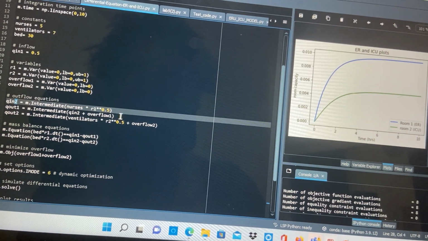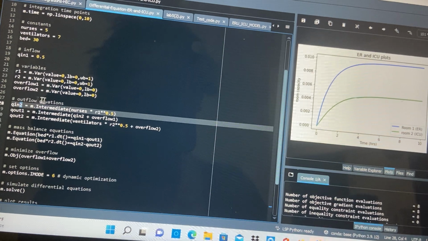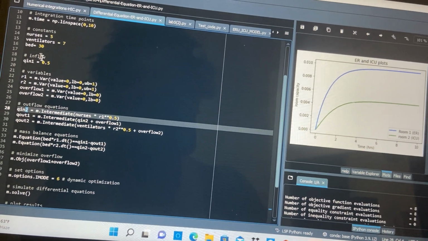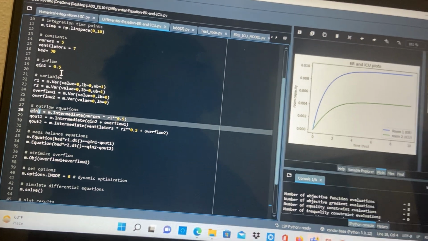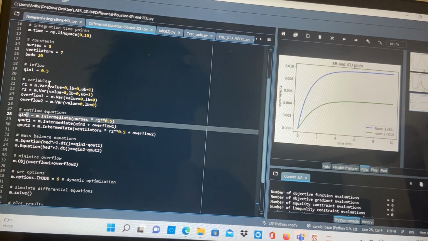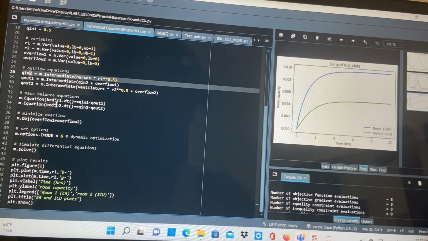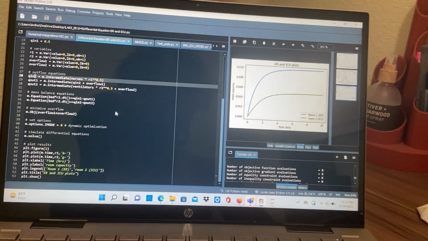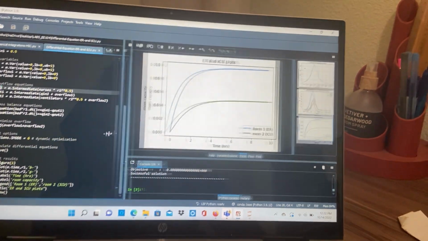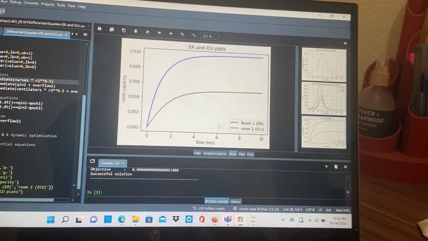Q out is the amount of patients going out. So these are the outflow equation variables, and the inflow is how many patients are coming in. We model that they are coming in every other hour. So you can see the code, and when you run it, this is the curve of the graph.